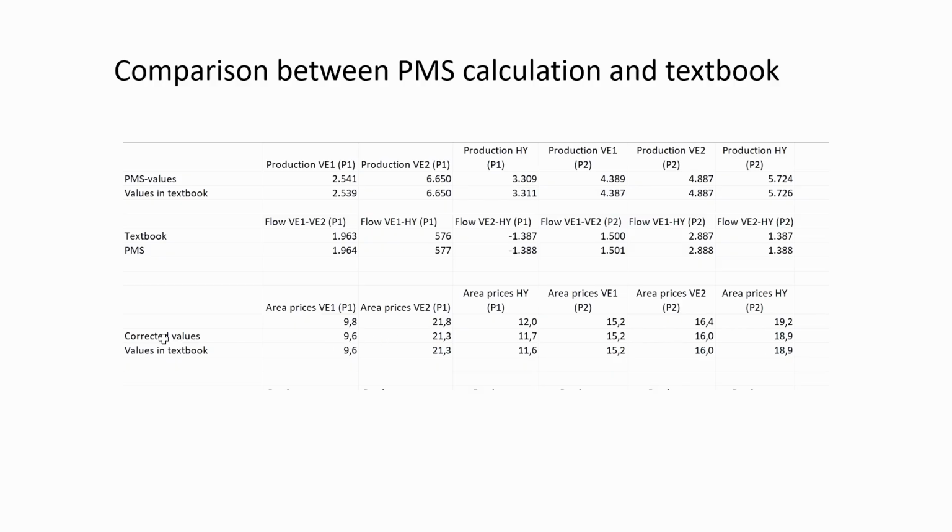If I make a correction for the staircase curve here, then the values coming from the Power Market Simulator model will be the same as the values in the textbook.